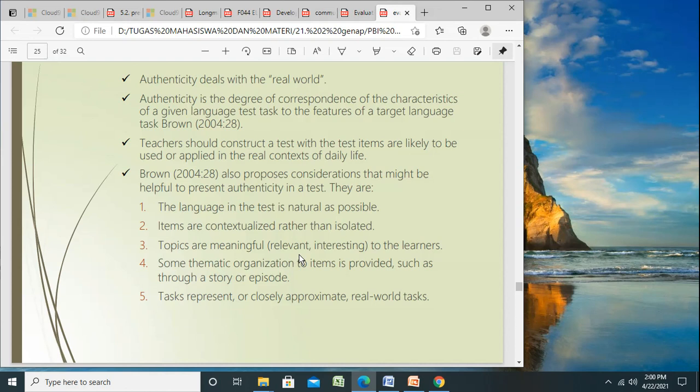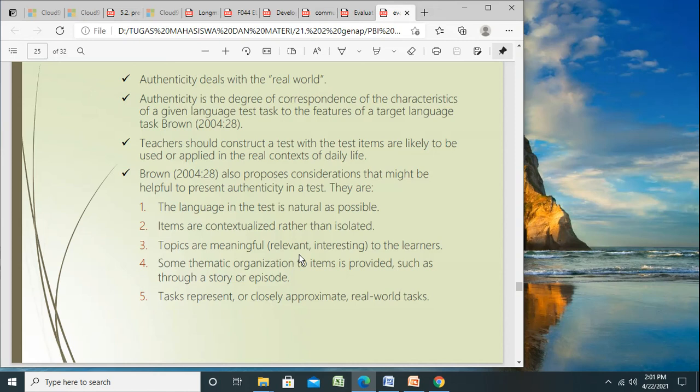And then the third one, the topics are meaningful, relevant, or interesting to the learners based on the real situation and condition of the students, I think. And then the fourth one, some thematic organization to items is provided, such as a story or episode. So you have to make the test items thematic. Thematic means that maybe you can take, for example, my hero.